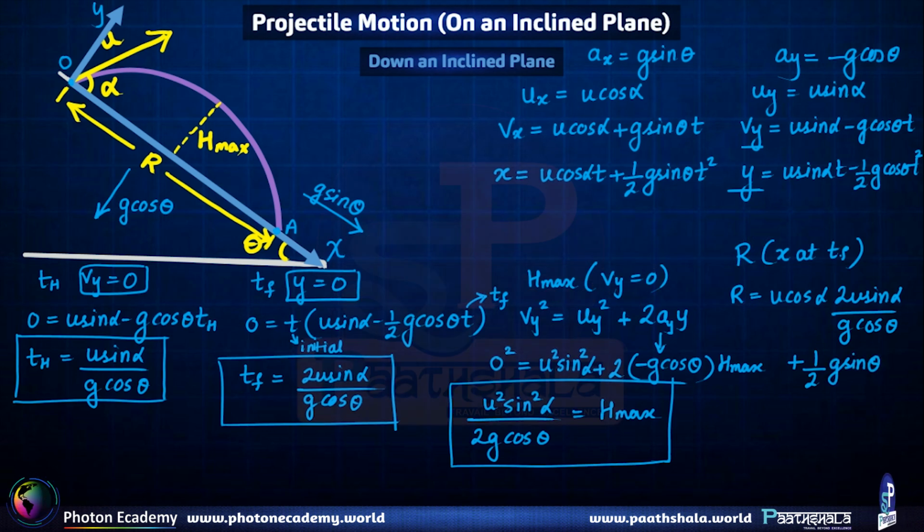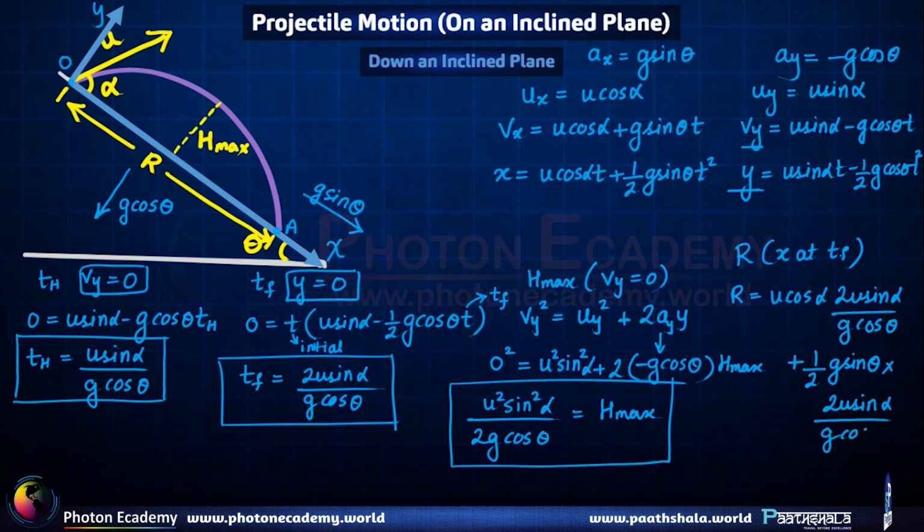Here there is a plus sign because acceleration due to gravity is down the plane, which is aiding the x direction motion for the projectile. G sine theta into 2u sine alpha upon g cos theta, the whole squared. So this happens to be the range.